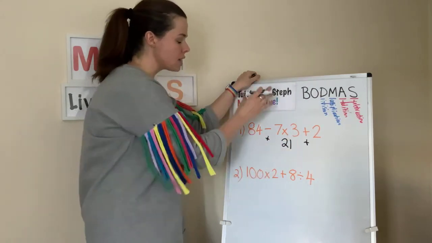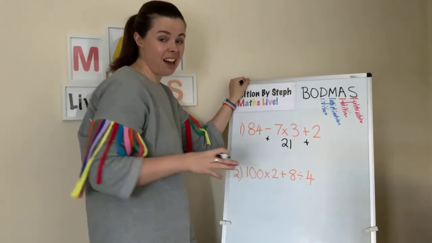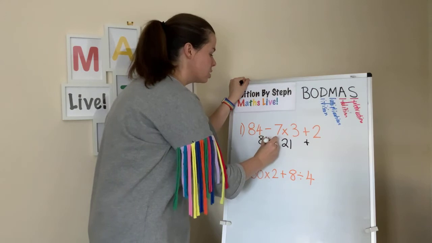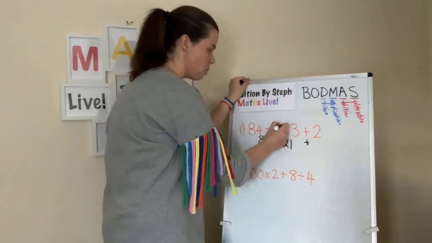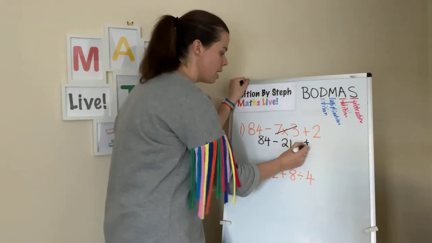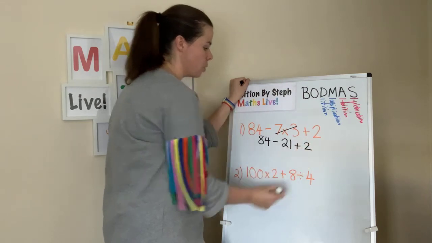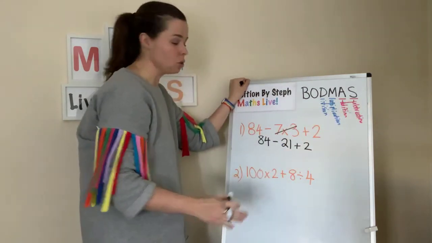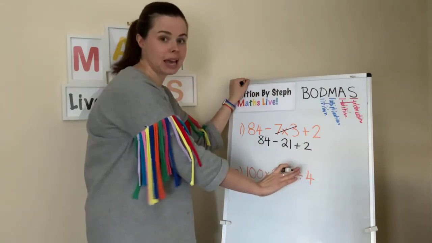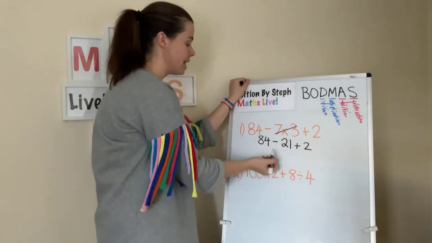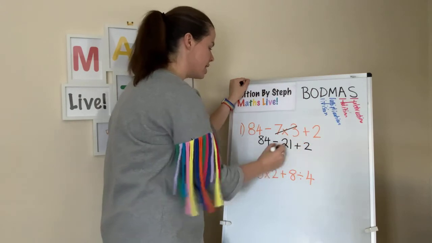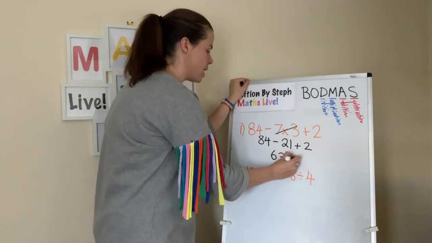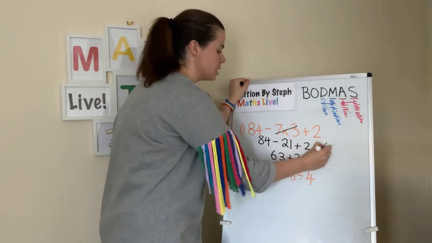When you get to longer sums like this, I really like to write it out again. So it's now 84, take away the 21 bit, and then we add the 2. Addition and subtraction are equal, so from now on, we just complete the calculation from left to right. So 84 take away 21 is 63, and then if we add the 2, 65.